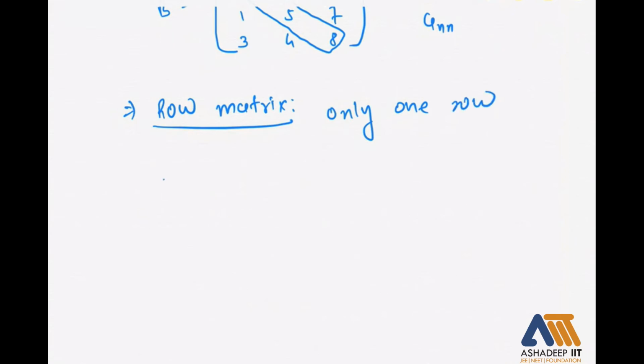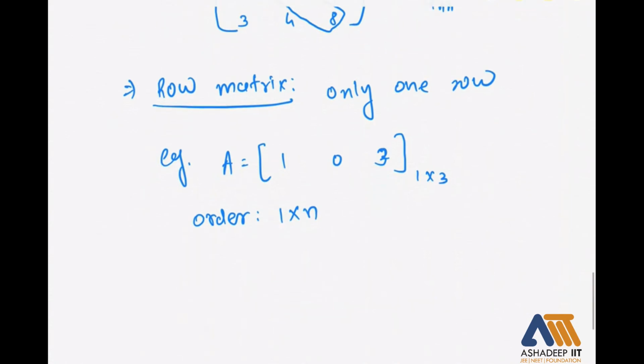For an example, let A is equal to 1 0 3. So in this matrix there is only one row and 3 columns. So this is a row matrix. So the order of a row matrix is always in the form 1 cross n.